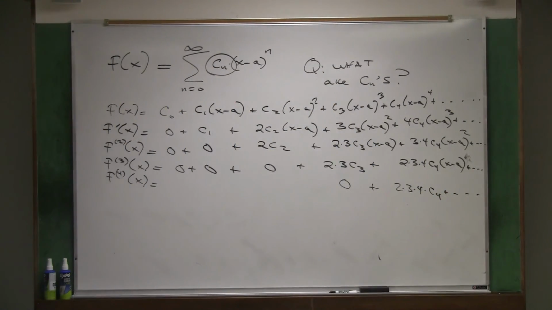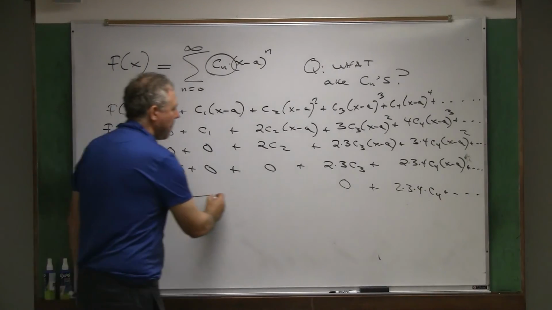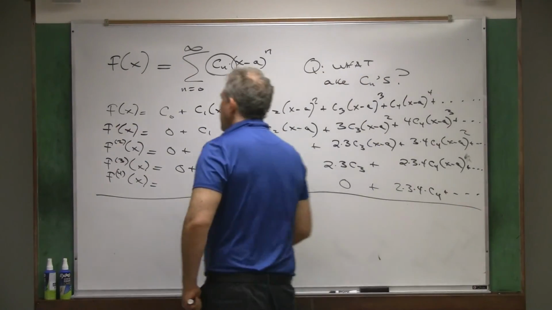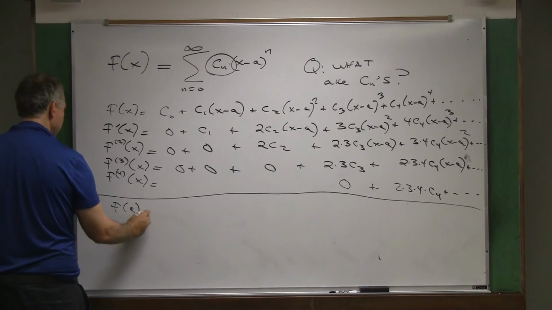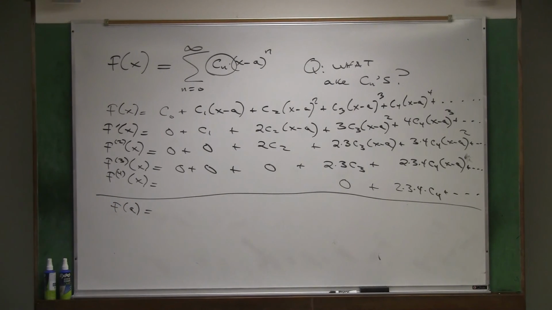Okay. Let's see the pattern that's happening. Let's now toss in a for x. In other words, let's create another pattern. What is f of a?